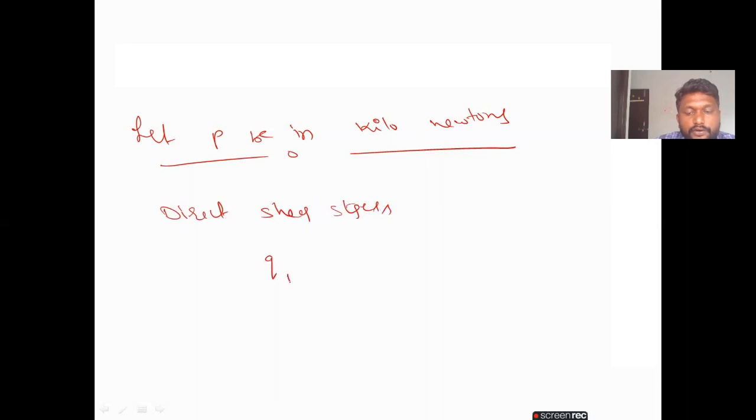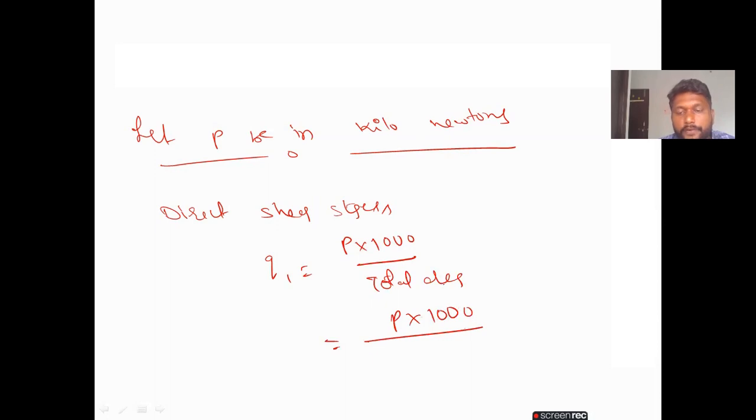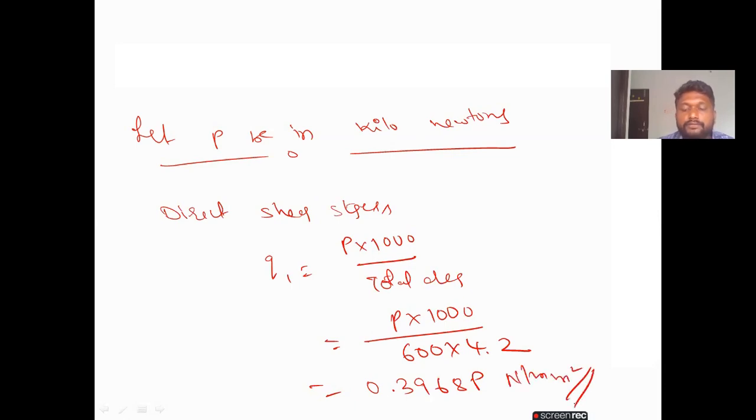The formula I already told you, Q1 equal to P into 1000 by total area. So load P we don't know. Okay, that is an unknown parameter. But area we have 600 into 4.2. So once you solve this one, we will get the answer 0.396968 P Newton per mm square. This is the first step of direct shear stress.